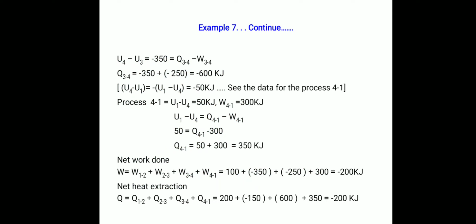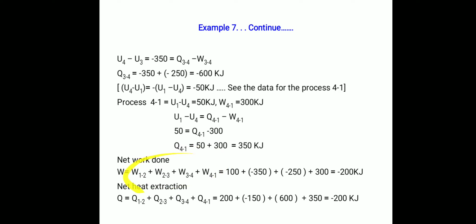And overall, if they ask to calculate the net work done or the net heat extraction, then we have to add all the processes' work done, that is 1-2, 2-3, 3-4 and 4-1 again. It means a complete cycle is there, 1 to 2, 2 to 3, 3 to 4 and 4 to 1.